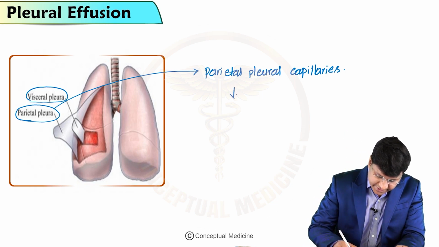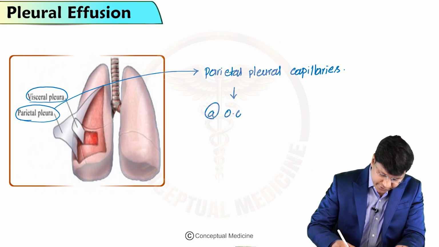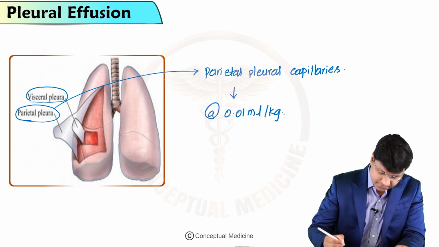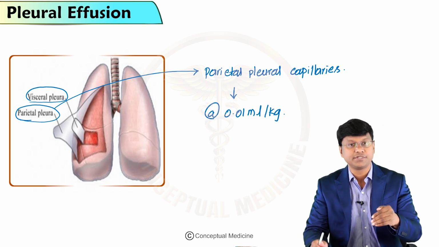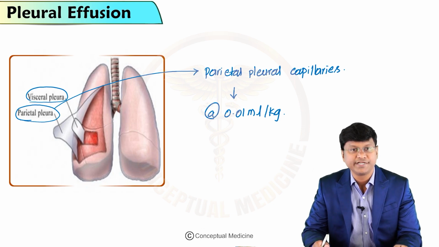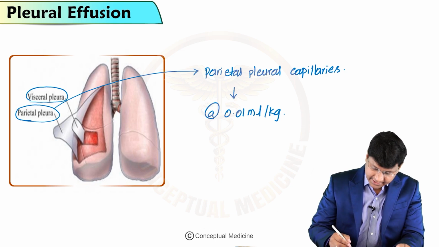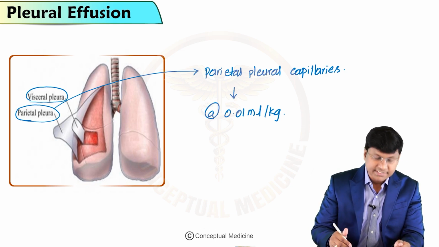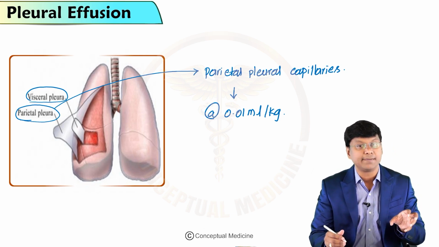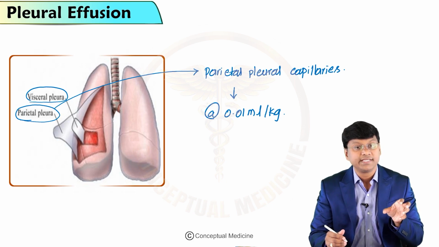The fluid enters into the pleural space at a rate of 0.01 ml per kg body weight. And the fluid which enters the pleural space is absorbed through the lymphatics.